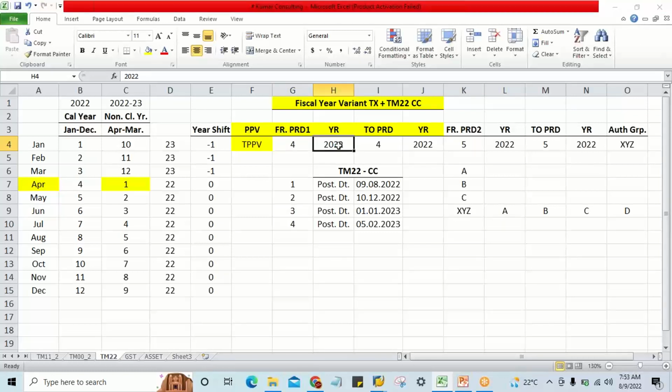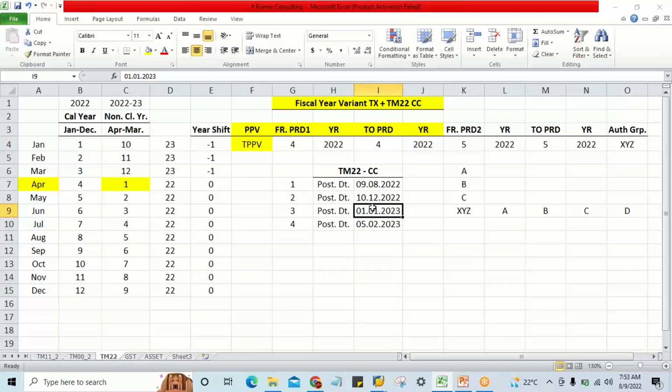If somebody says 22, then the next question will be: while posting a transaction, we are giving a date, that is 0101 and year is 23, but here the year we have opened is 22. So how will SAP come to know that actually it is not 23, it is 22? There will be a conflict, right?